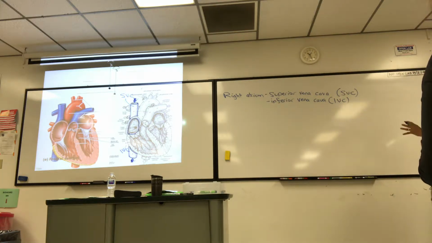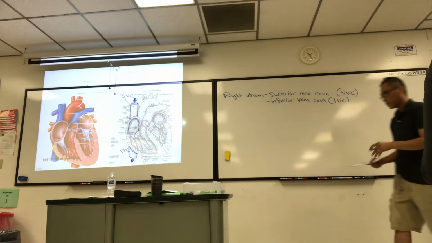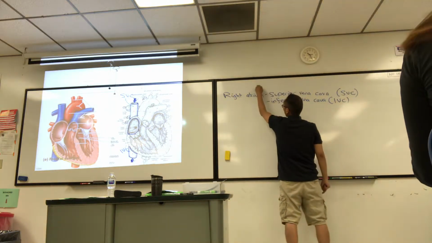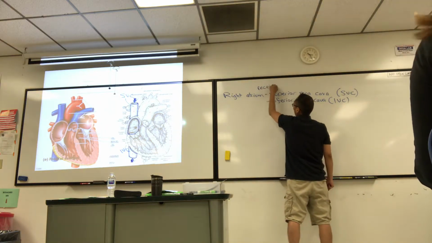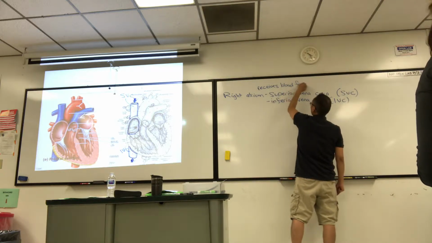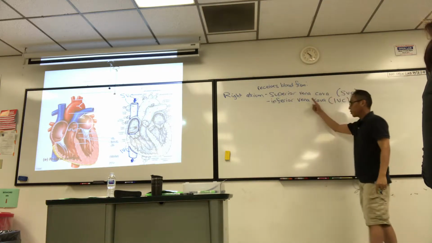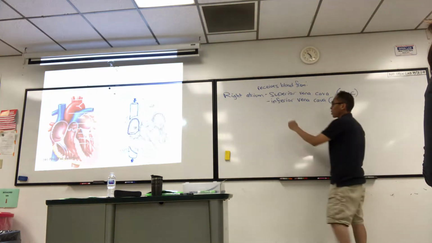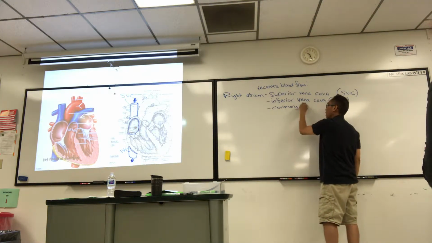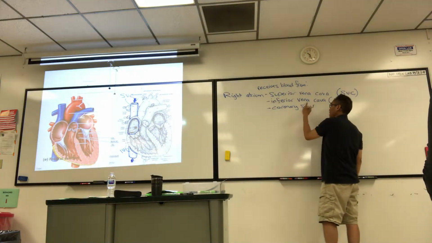So there's a third structure that dumps blood into the RA. So the right atrium receives blood from: one, superior vena cava; two, inferior vena cava; three, coronary sinus. Now the coronary sinus is a vein.